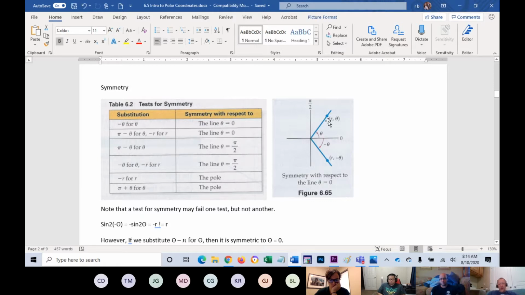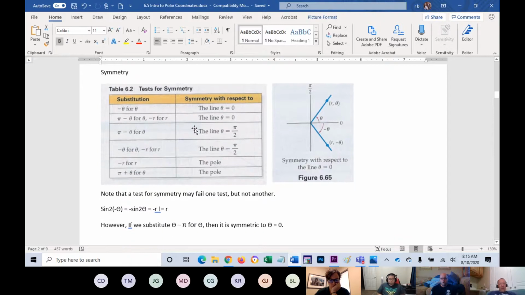You can see that (r, theta) and (r, minus theta) are symmetric about the polar axis. You can also substitute pi minus theta for theta and negative r for r. That would also be an example of symmetry with respect to the line theta equals 0.